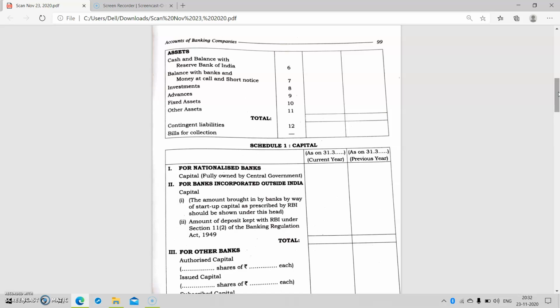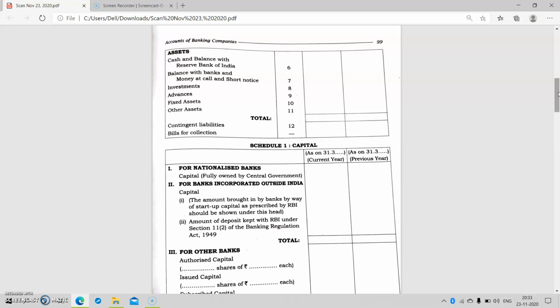So for it to be regarded as an asset, this bank would have lent out to other banks. So the balance with other banks and the money it has given in the form of money at call and short notice, that is Schedule 7.